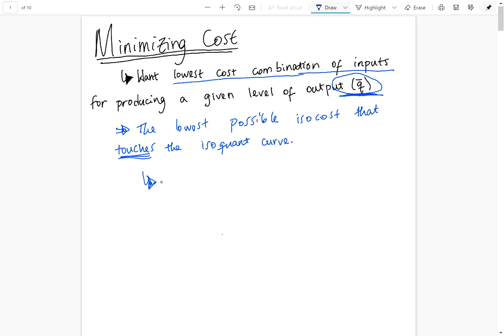So we're looking for the L and K bundle where the isoquant is tangent, that's what we mean by just touches, tangent to the isocost line.